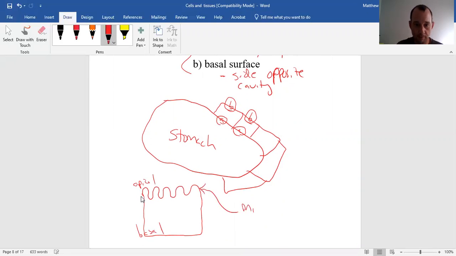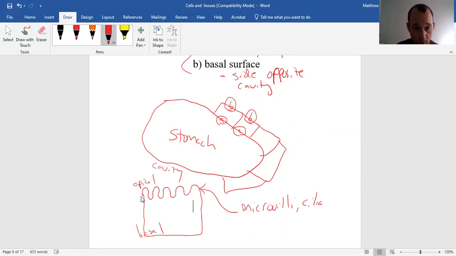It may have microvilli. Those microvilli are these finger-like projections. The job of those is to increase surface area, so your ability to absorb food along a large surface. It may be that it has cilia, little hair-like projections that help filter and move stuff along. And this side of the cell may be very different than the basal side. But again, the apical side is always exposed to the cavity or a body surface. That is different than the basal side.